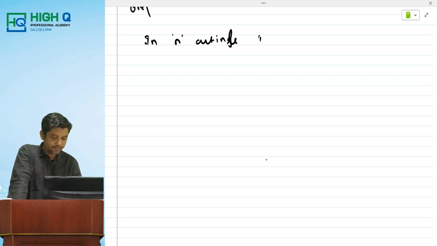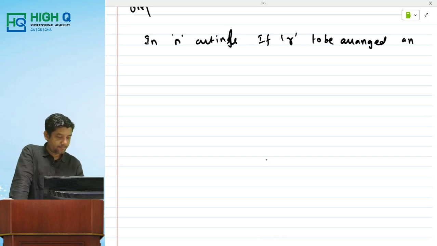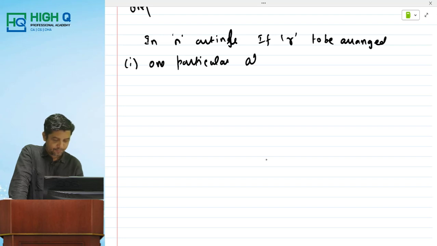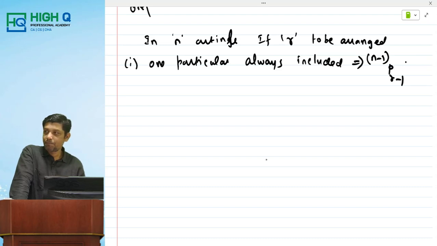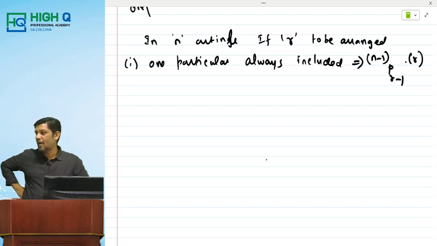In n articles, if R to be arranged and one particular always included, we can say the formula as n minus 1 P R minus 1 into R.